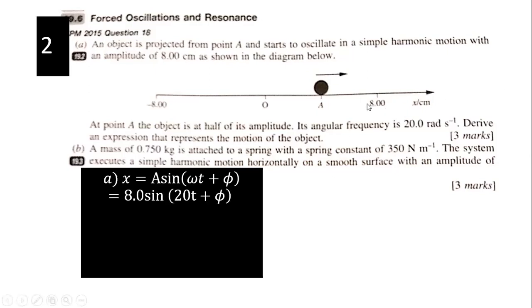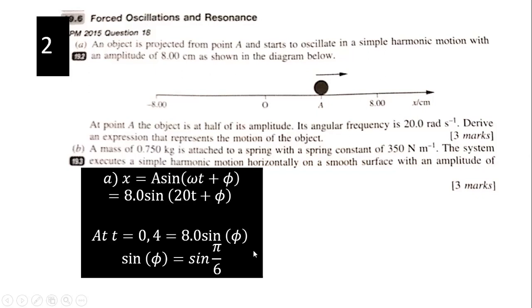Amplitude, so I'm using X in cm, and omega is 20. Only time and phi we don't know. At t equals 0, you are told this is halfway, so you can put 4 there. This is 0, so you get sine phi and can calculate your phi. So sine phi is a half, 8 divided by 4.